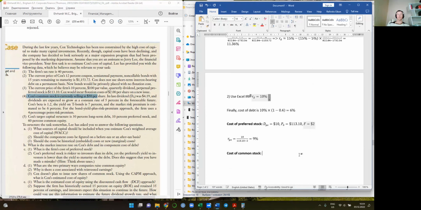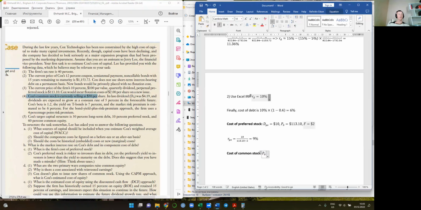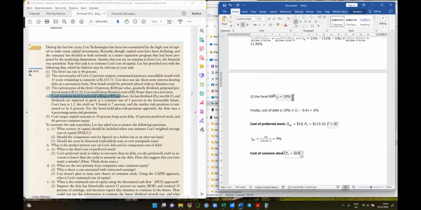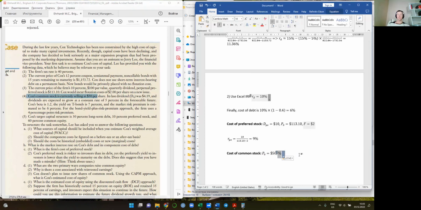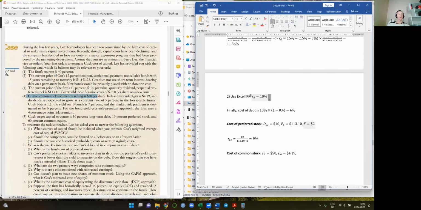P0 is $50 per share. The last dividend D0 is 4.19. Dividends are expected to grow, G, at a 5% rate.